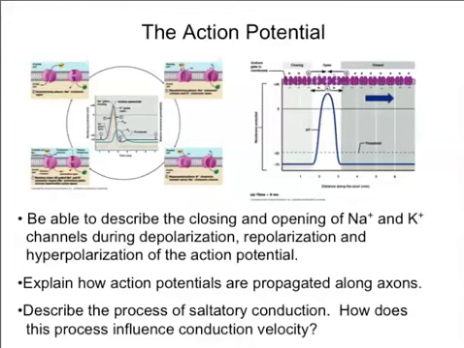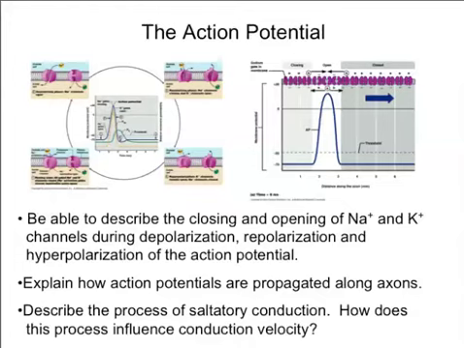Briefly, what you want to remember about an action potential is that it's basically the sum of graded potentials at the axon hillock that reaches the critical trigger voltage. And remember that it's about minus 55 millivolts that allows those sodium gates to pop open.